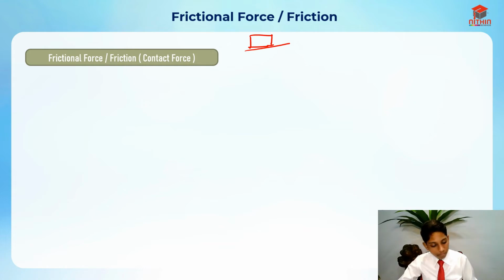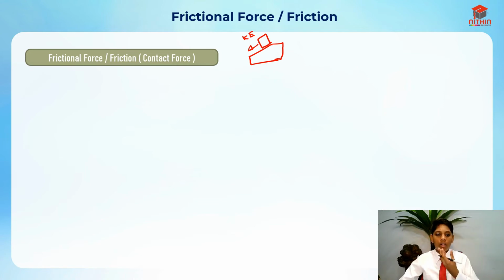Sorry, let me draw it properly. Imagine this is a ramp, and we have a box over here. The box is sliding down the ramp, so it has kinetic energy here, right? You should know this from my previous video on kinetic energy. So it's going down the ramp, right?